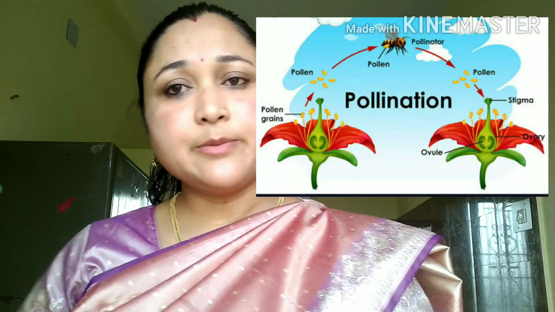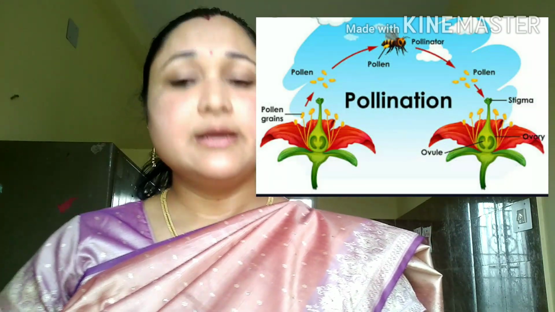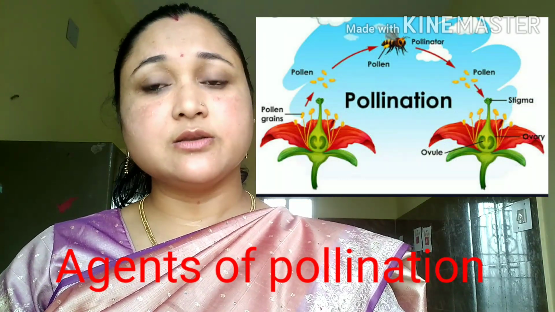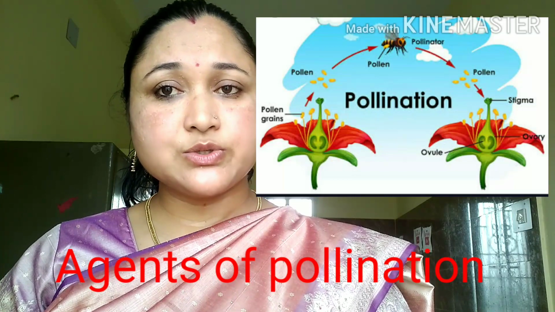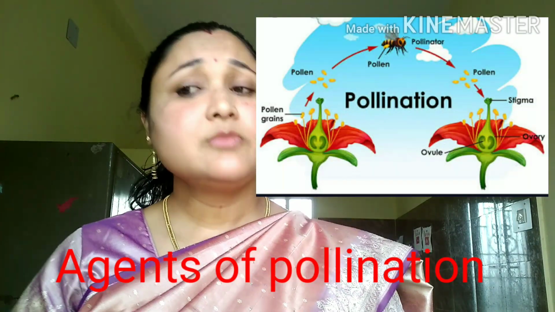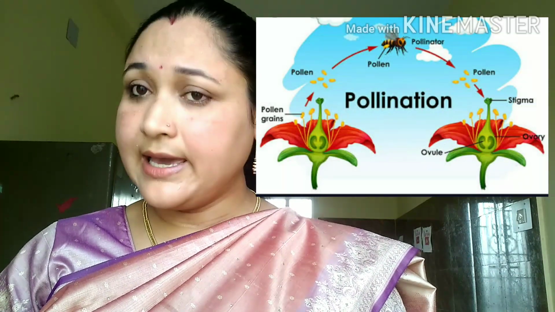So now let's understand what are the agents of the pollination who bring about this pollination within the flowers. Now, as we know, the plants cannot move like animals.